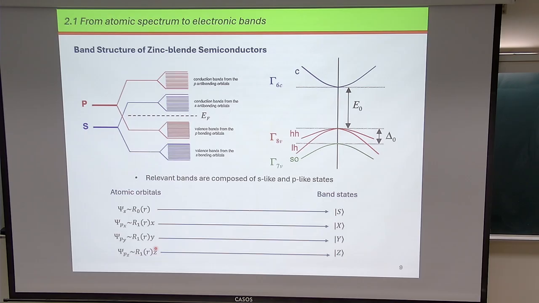We are dealing with two kinds of bands, P and S. We have S states that I will denote with S. These are the atomic orbitals. If we have an atom, we have atomic orbitals, but now we have a material, so we have bands. From the S atomic orbital, we have S bands. From the P orbitals, we have Px, Py, and Pz, giving the X, Y, and Z bands.